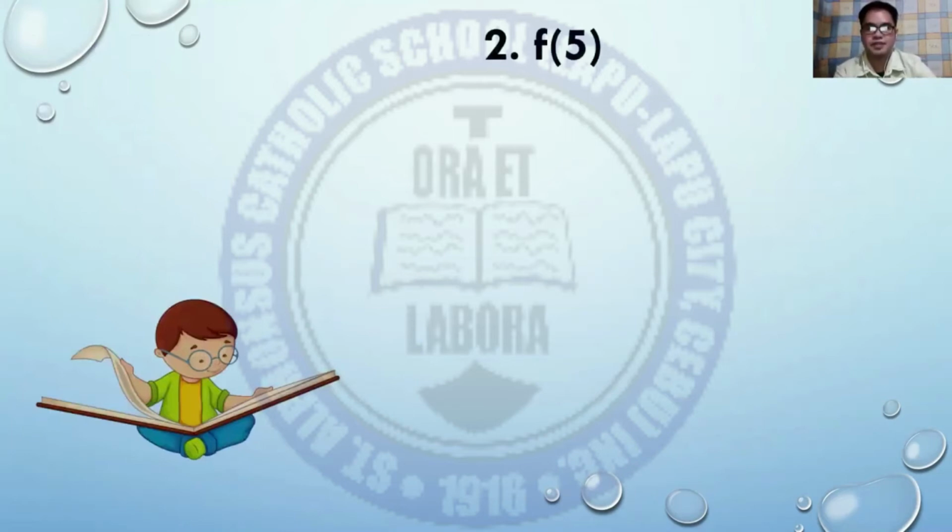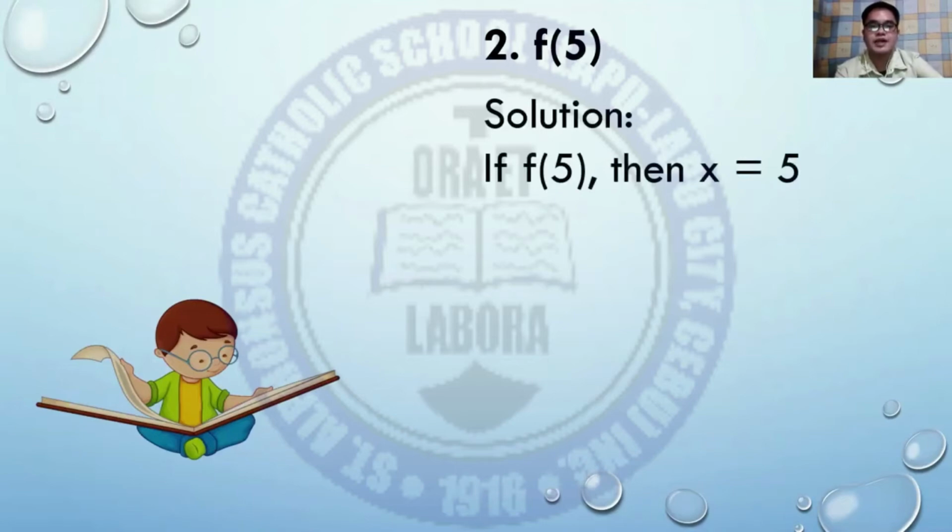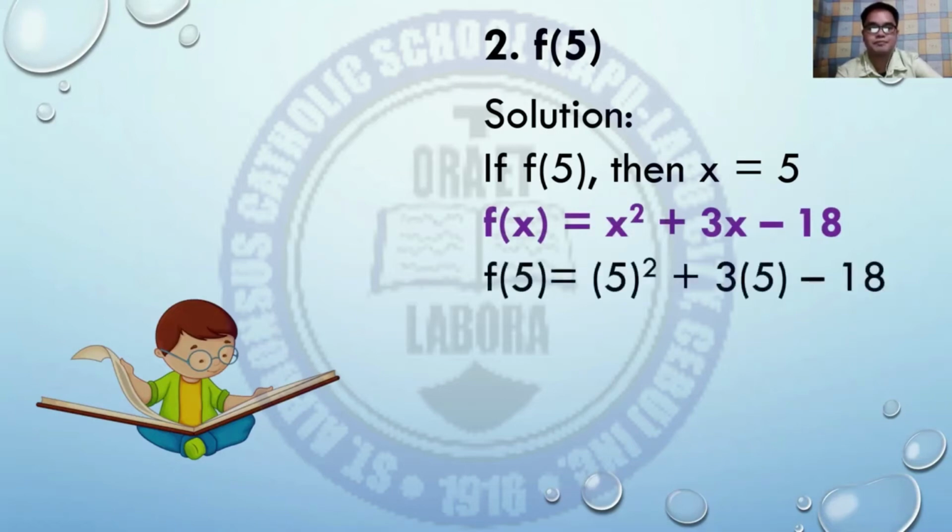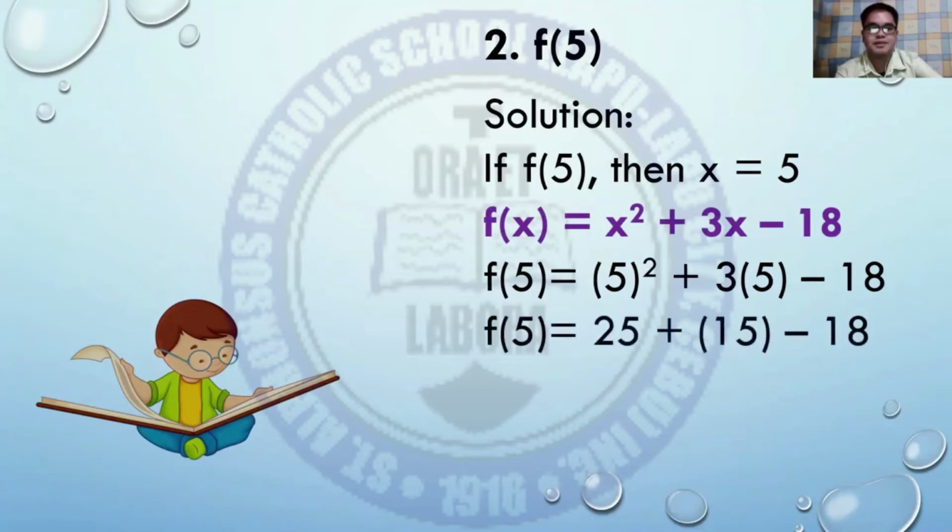Next, find the value of f of 5. So, here is the solution. If f of 5, then x is equal to 5. Write the given function notation, which is f of x equals x squared plus 3x minus 18. Substitute the value of x, which is 5. So, f of 5 equals 5 squared plus 3 times 5 minus 18.